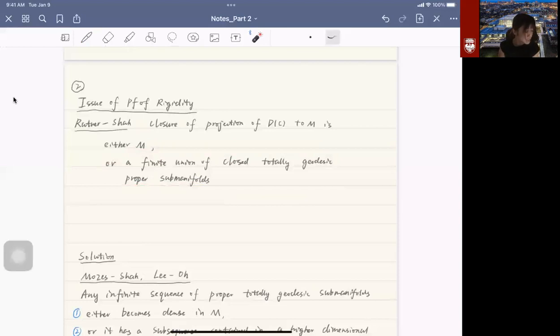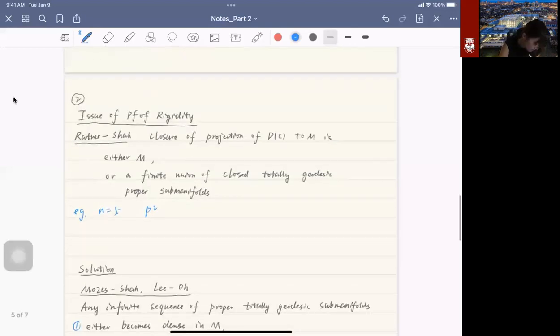So suppose, for example, let's assume the dimension n is equal to 5. So the projection can be either a geodesic surface, whose dimension is 2, or a geodesic 3-submanifold, or a geodesic submanifold of dimension 4.